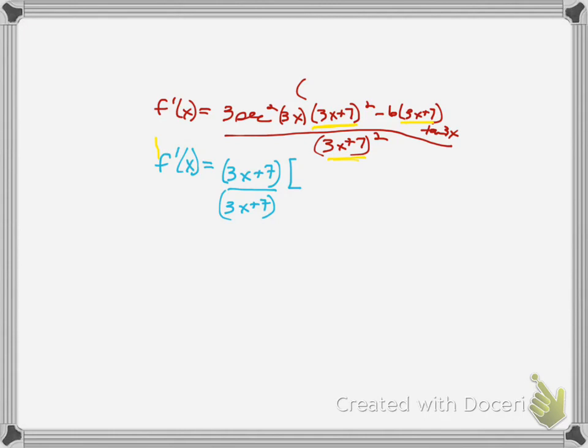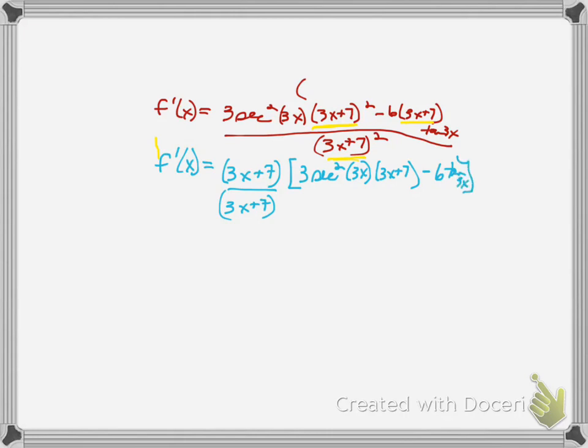Well, I'm going to get, I still have a 3 secant squared 3x times a 3x plus 7, because I still have one of them left. And then this is going to be minus 6 tan 3x.